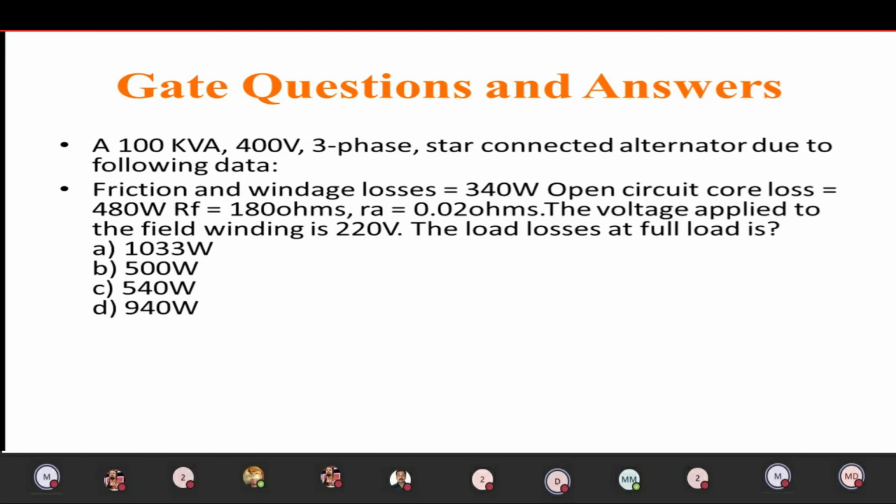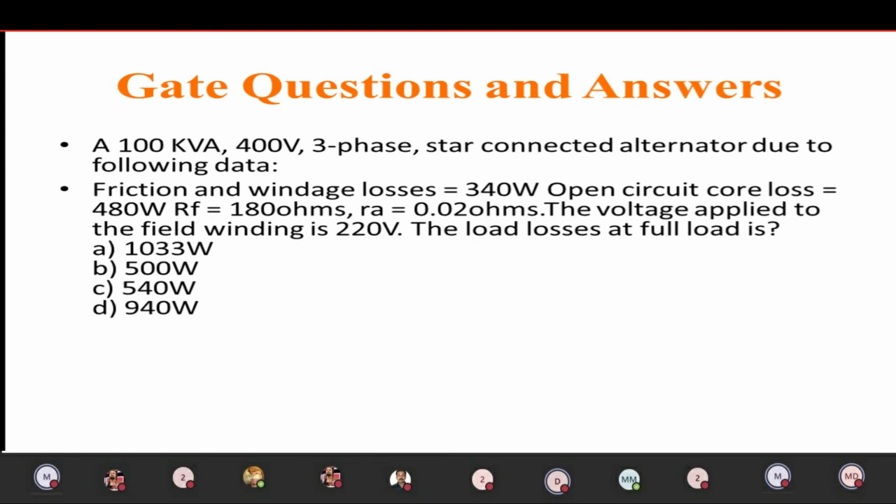Same problem, 100 kVA, 400 volt, 3 phase star connected alternator with the following data. Friction and windage losses is equal to 340 watts. Open circuit core losses is equal to 480 watt. RF is equal to 180 ohms.